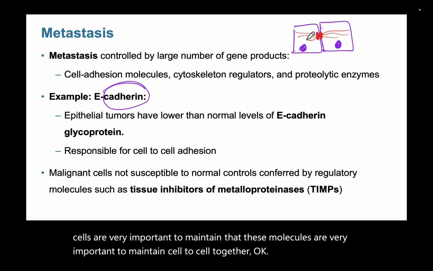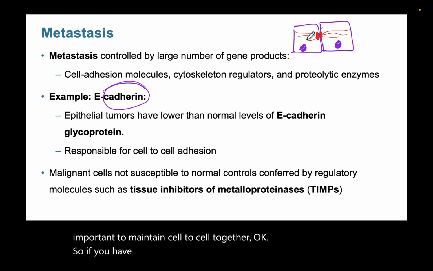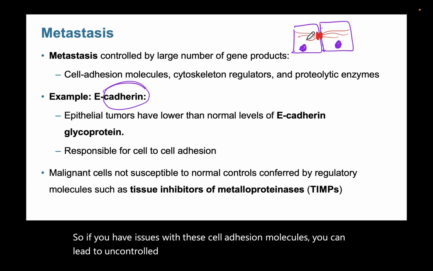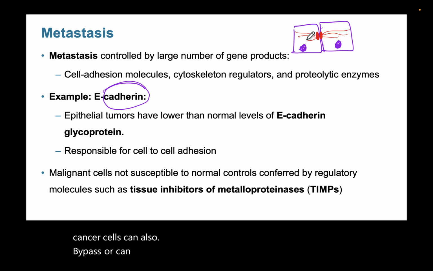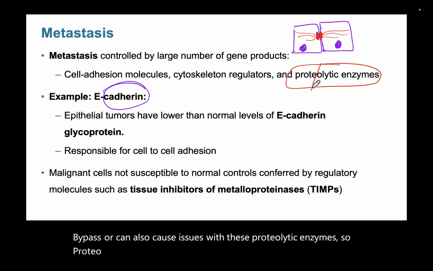Okay, so if you have issues with these cell adhesion molecules, you can lead to uncontrolled migration of those cancer cells. Not only that, cancer cells can also bypass or can also cause issues with these proteolytic enzymes. So proteo means protein, lytic means digestion.